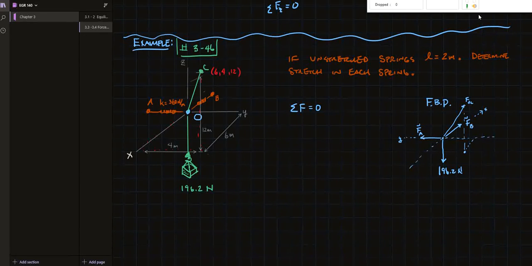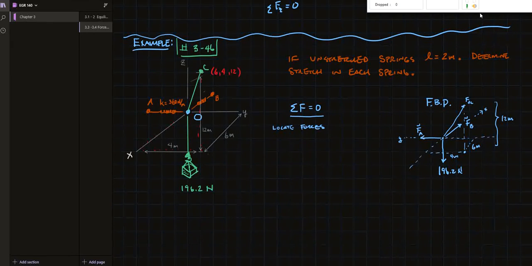Again, this is 6 meters. This distance, which is obviously not drawn to scale, is 4 meters. And the distance up is 12 meters. So we can locate all these points in Cartesian form.